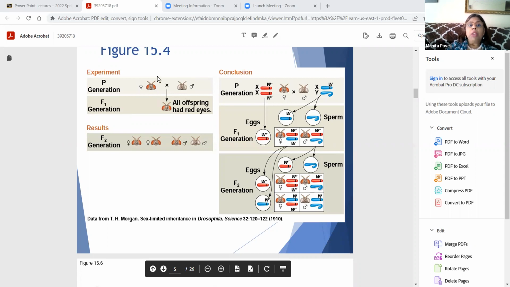In the first generation, we saw that when he took red-eyed females, which were the normal wild type, and crossed them with the white-eyed males, all the offspring in the F1 generation had red eyes.